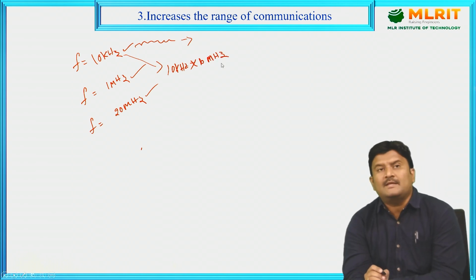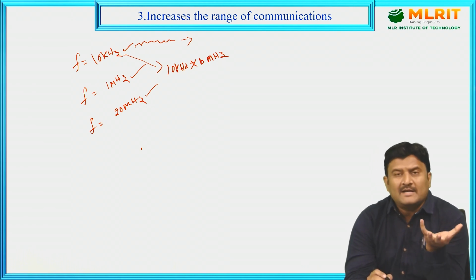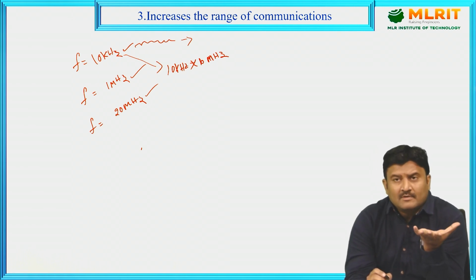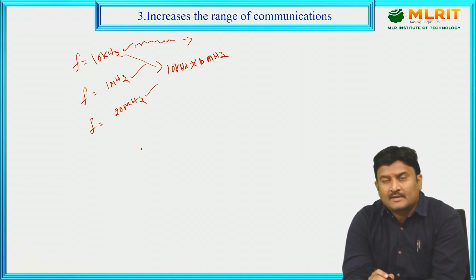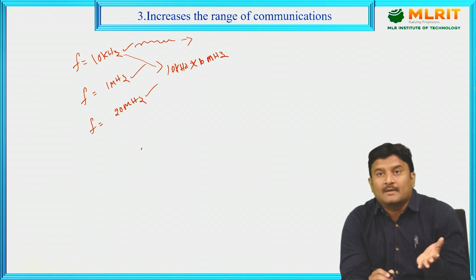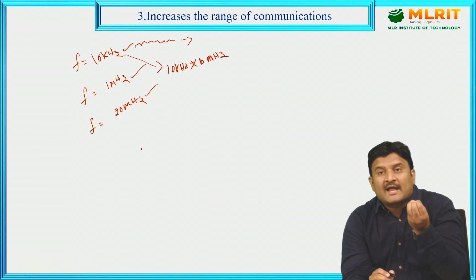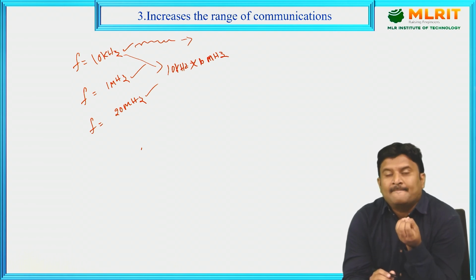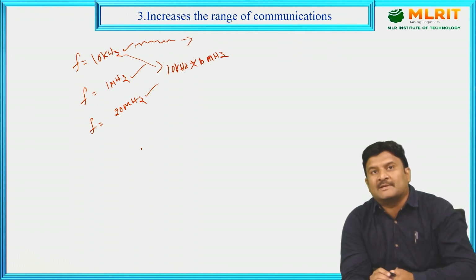Then automatically the frequency of that signal is higher, and the strength is higher, so it is capable of transmitting a long distance. Here the actual signal is 10 kHz only, and I am multiplying it with a high frequency signal. That high frequency signal is called the carrier signal, and it is multiplied with the actual information signal. The process is called modulation.